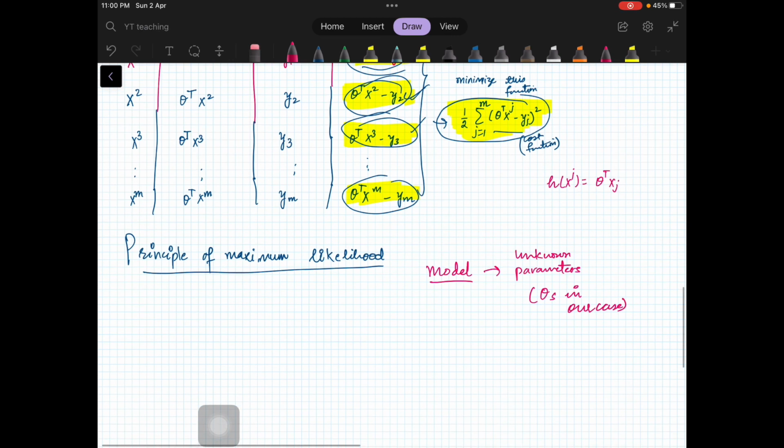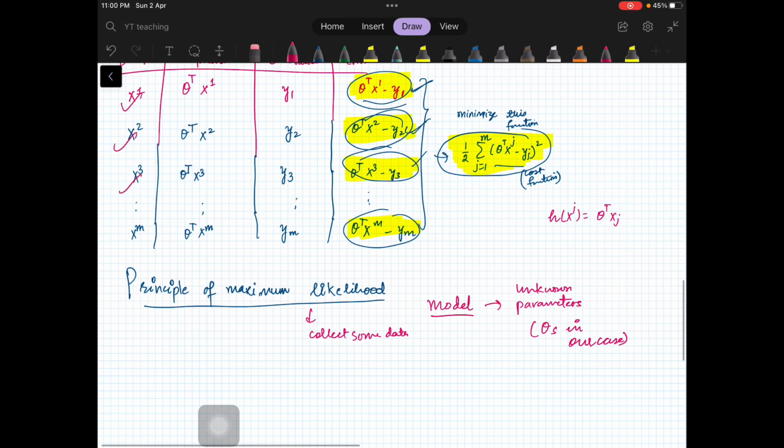So this principle says you collect some data. We already have that data with us.